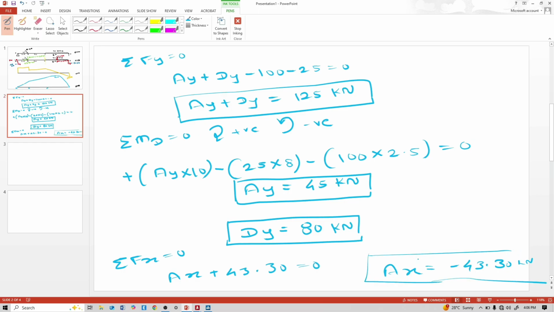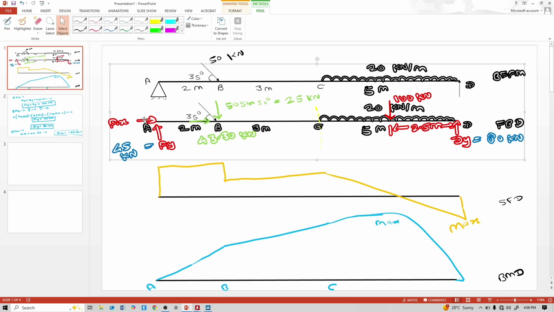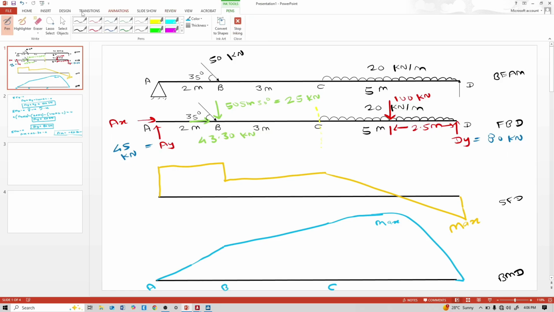So reaction calculation is complete. This value is negative, that means this arrow is towards the negative direction, and the value is 43.30 kilonewton.